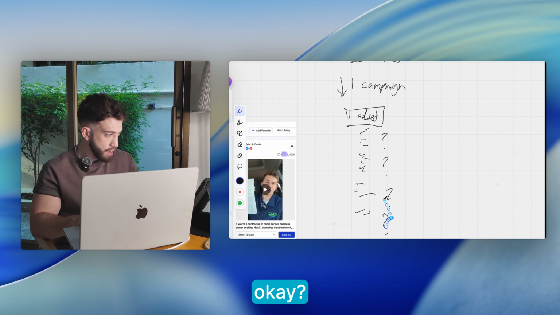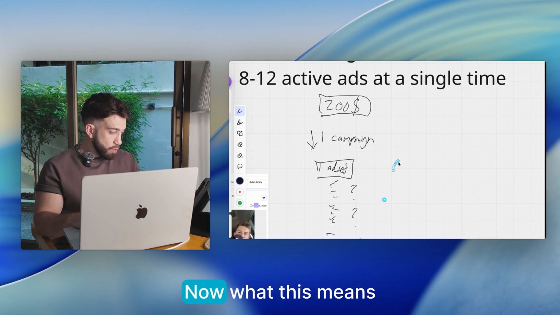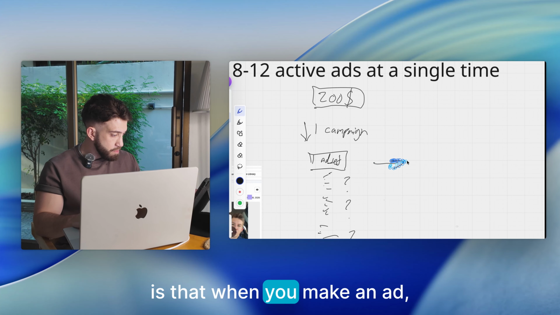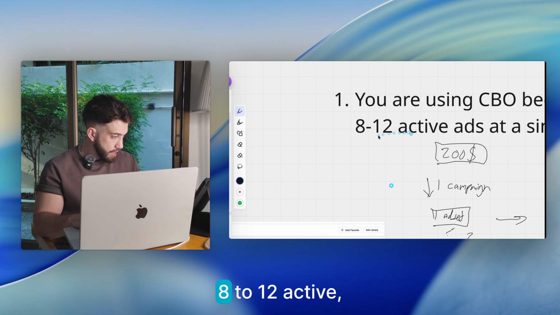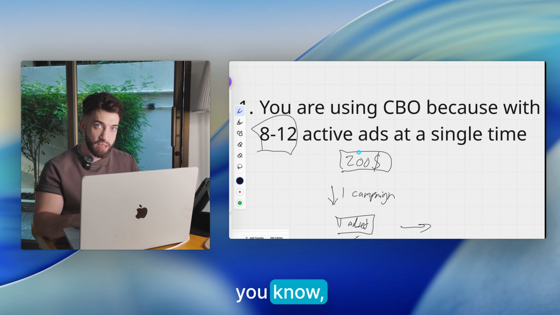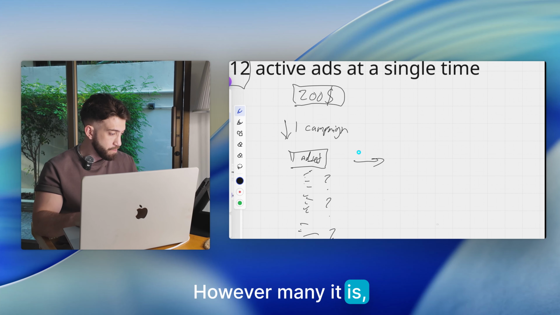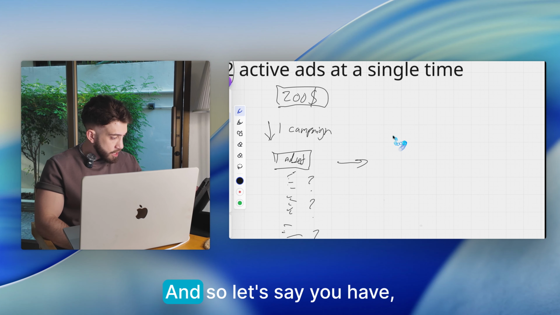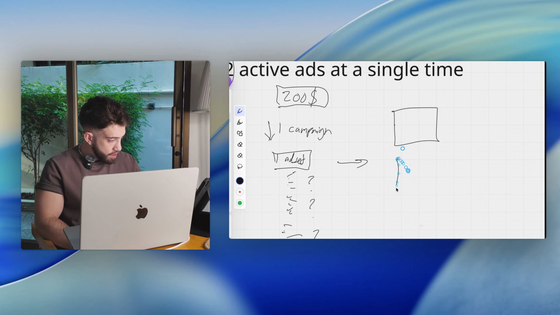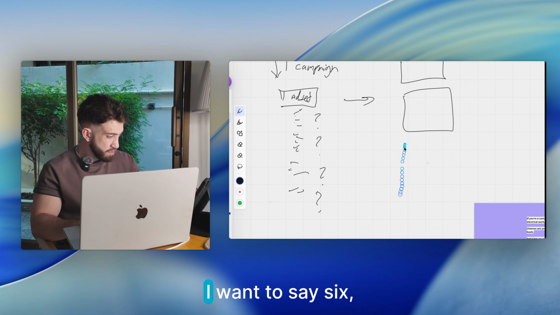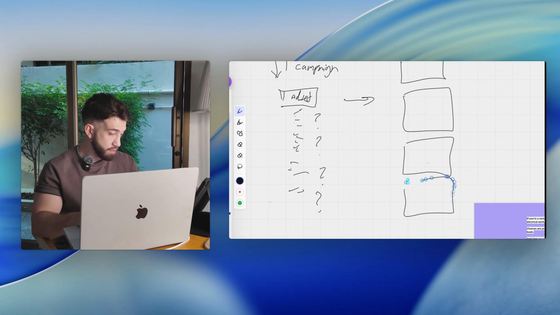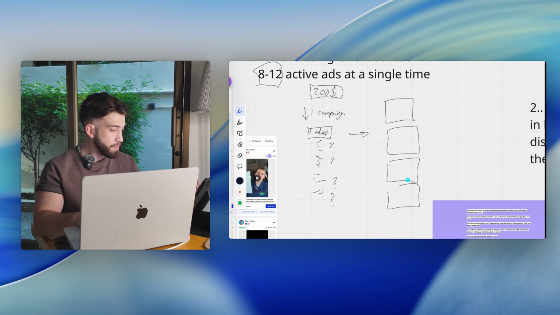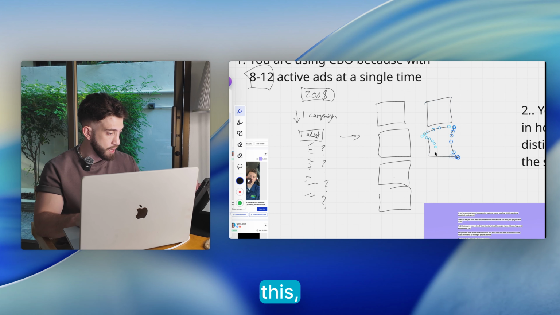Now what this means is that when you make an ad, maybe you have 8 to 12 active, even 5, 7, 8, 9, however many it is, you are randomly distributing the spend. And so let's say you have 6 ads, because I'm saying 8 to 12. You got this, right?